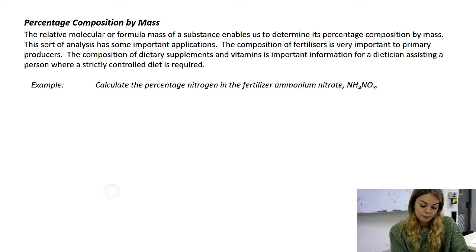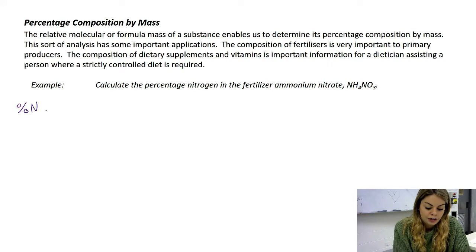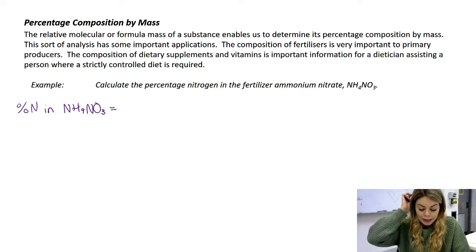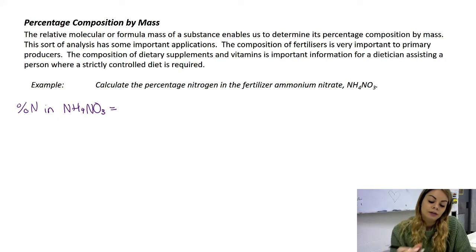Okay, so percent nitrogen in ammonium nitrate is equal to, so you don't have to write down a formula or anything, but I'm going to just for this first one.